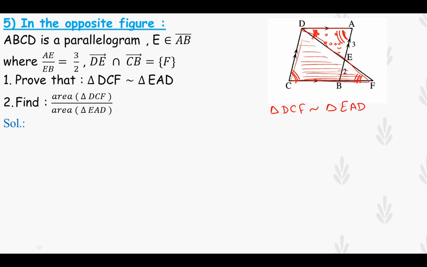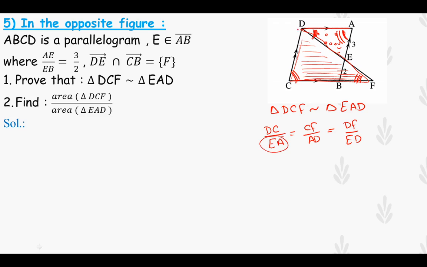So the corresponding sides are proportional: DC over EA equals CF over AD equals DF over ED. We just want the ratio between any two corresponding sides. Here we know the length of AE, which is 3 centimeters.